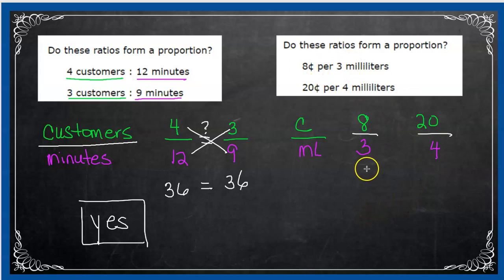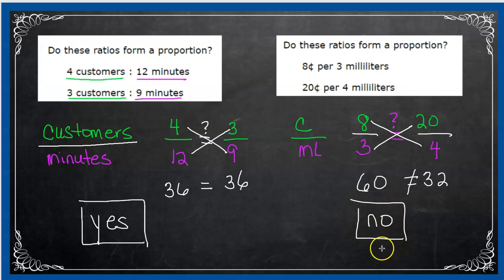The 8 and the 3 go together, and the 20 and the 4 go together. Okay, so I'm looking to find out, are these equal to each other? Well, let's see. 3 times 20 is 60. 8 times 4 is 32. These do not equal each other. So my answer here would be no, this does not form a proportion.